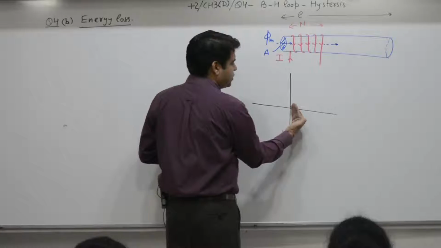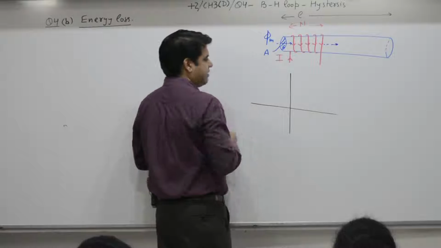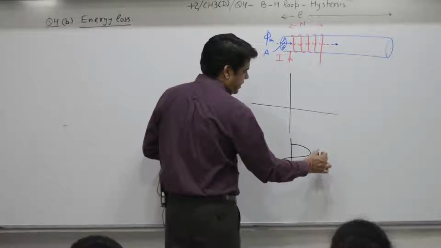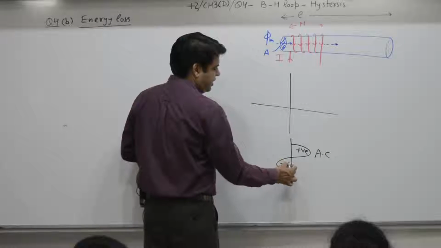When the current is positive, H is positive. When current is negative, H is negative. That means if you apply alternating current, positive cycle, then you get a negative cycle.